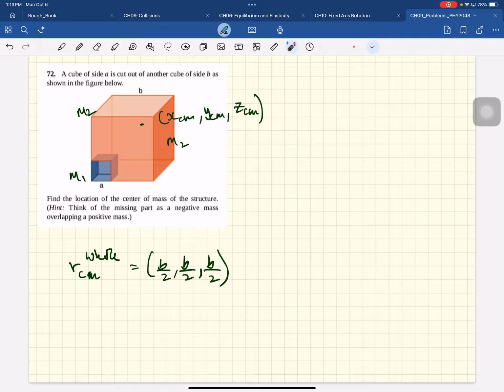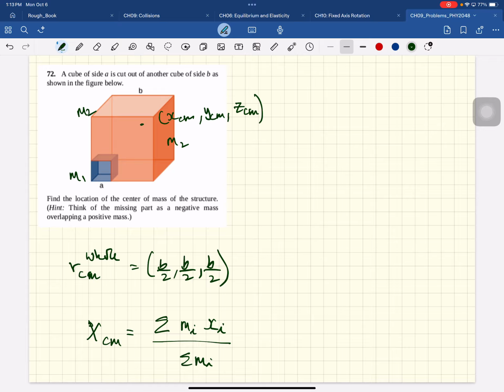All right, if you look up your formula, x center of mass is the sum of Mi Xi divided by the total mass. What this formula says is Mi is the mass of each piece, and Xi is the x coordinate of the center of mass of that piece.